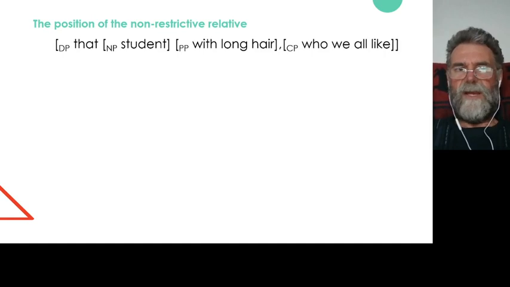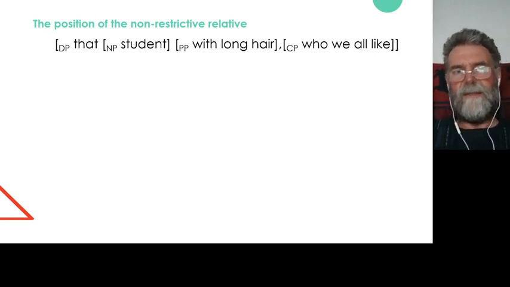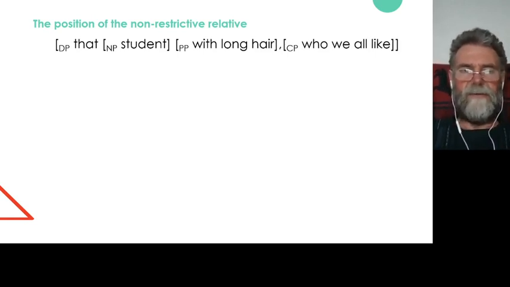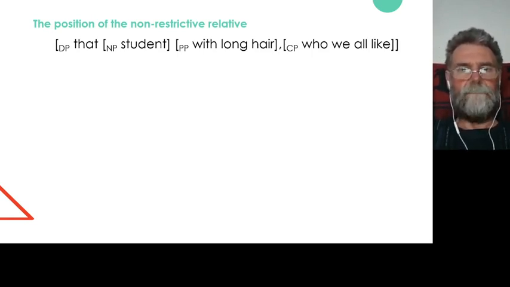Now, the preposition phrase with long hair is a modifier, and we've seen in the past that prepositional phrase modifiers are attached to the noun phrase. They are adjoined to the NP inside the DP, just like adjectival phrase modifiers are, the only difference being adjectival modifiers come in front of the noun phrase while preposition phrases come after the noun phrase.